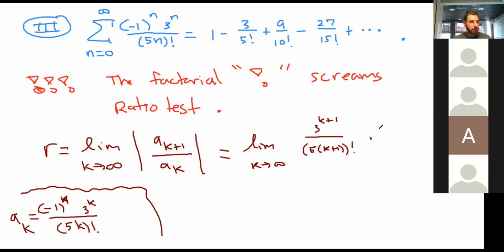So this would be 5 times k factorial, all over 3 to the power k. Now notice I don't have any absolute values because they're unnecessary. Every number I have there is positive.